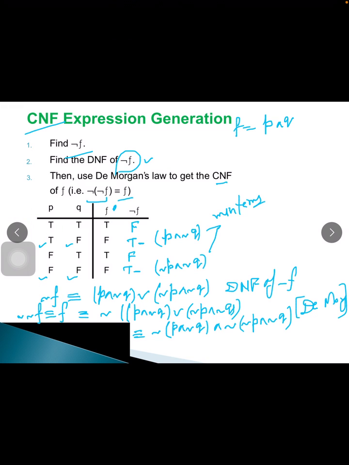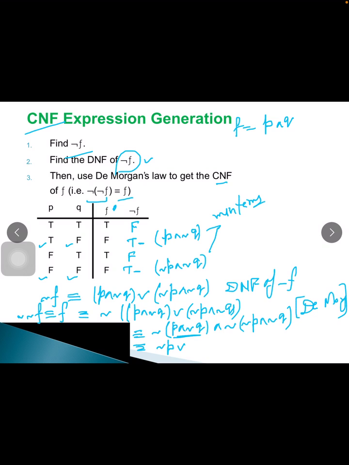Next, you again apply De Morgan's law, because the negation is on the outside. So that is negation of P, or it becomes negation of negation Q. And what is the negation of negation Q?